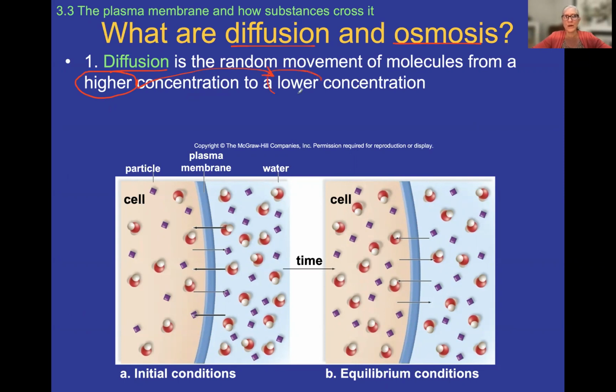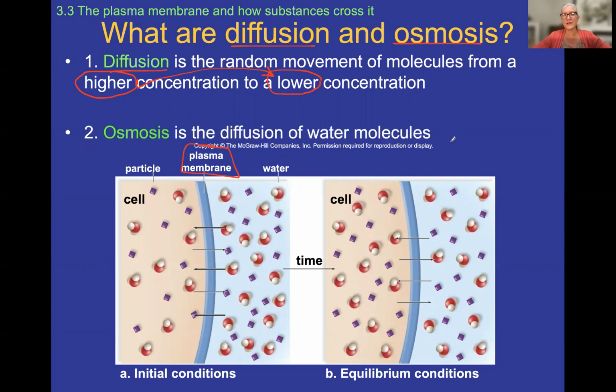So you've got crowded molecules on one side of the membrane. Remember, here's the plasma membrane, and you're going to have those molecules move across. If it is osmosis, we mean specifically the movement of a water molecule. So that's representing a water molecule, and it's moving across the membrane because there's a lot of water over here and not so much over here.